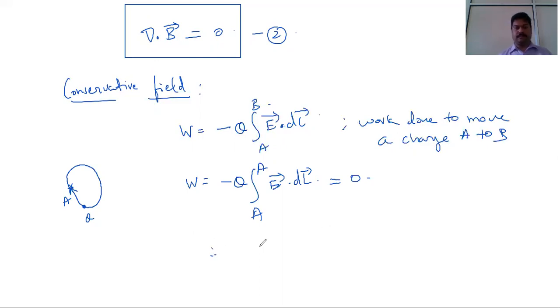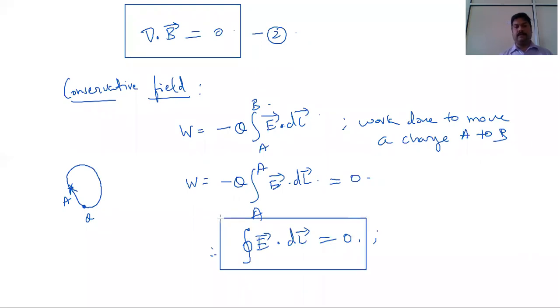Therefore, such fields where you get integral E dot dl equal to 0 are called conservative fields. So why this integral with a circle here? It shows that I start from a point and end at the same point. That is what this closed integral means. I'll write it properly: closed integral E dot dl equal to 0. Such fields are called conservative.